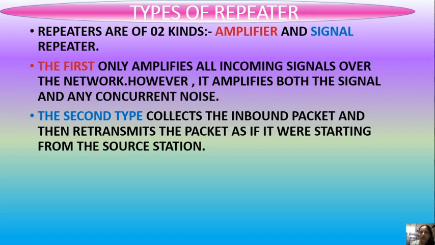However, it amplifies both the signal and any concurrent noise. The second type collects the inbound packet and then retransmits the packet as if it were starting from the source station. So these are the two types, amplifier and signal repeater.